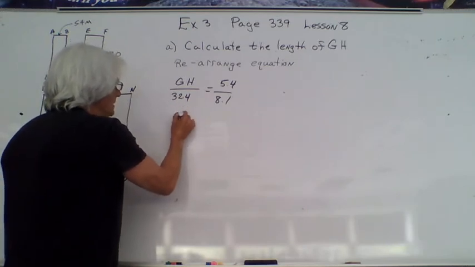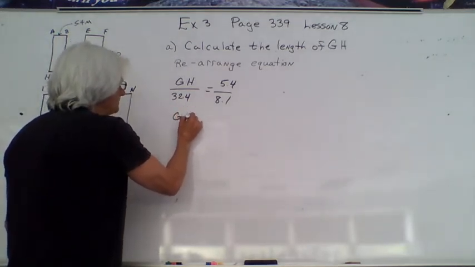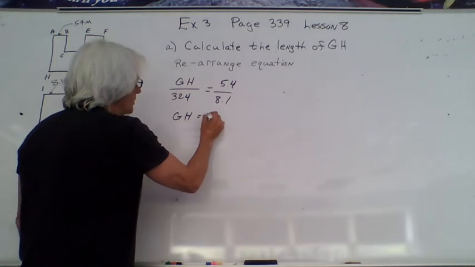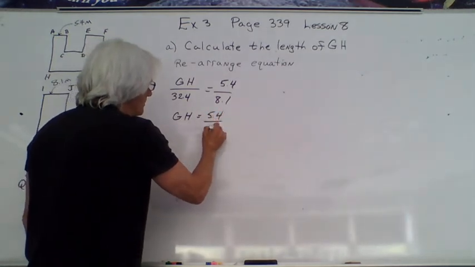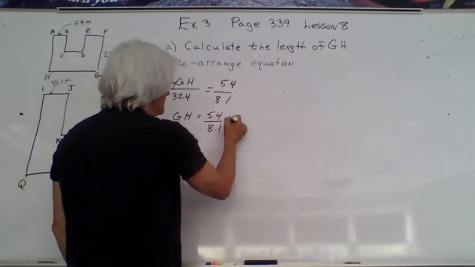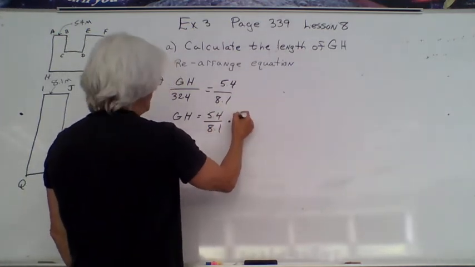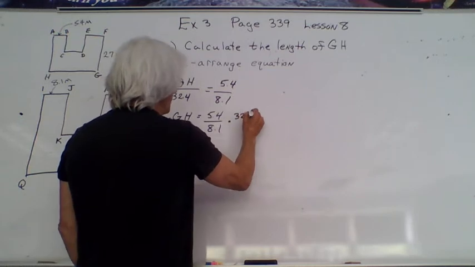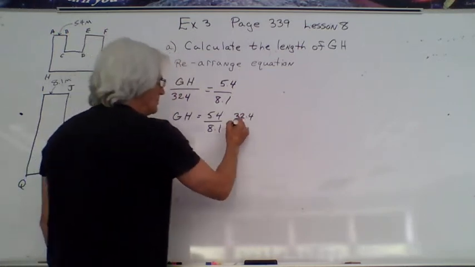So I'm going to have GH equals 5.4 over 8.1. It's a division, so it'll cross over as a multiplication. So times 32.4. And I'm just going to put that over 1.